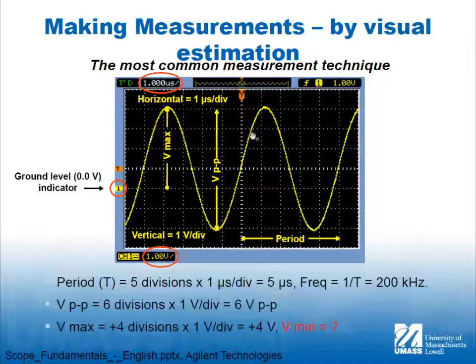And the trigger position is right in the center. So what does that mean? That's important here, and it's going to be important when we talk about logic analysis as well. So that says I have an event that I'm looking for. And that event in this case is the rising edge of the signal crossing the trigger point, which is 1 volt above ground.